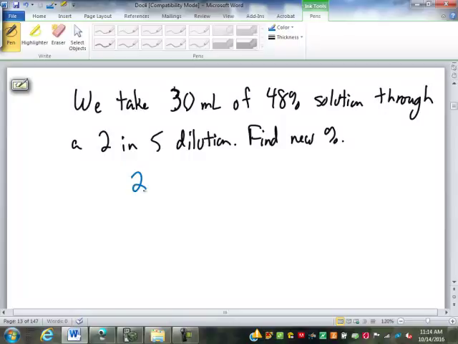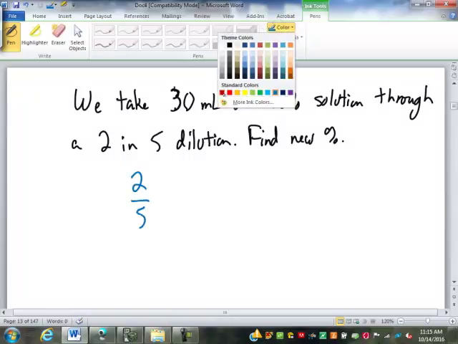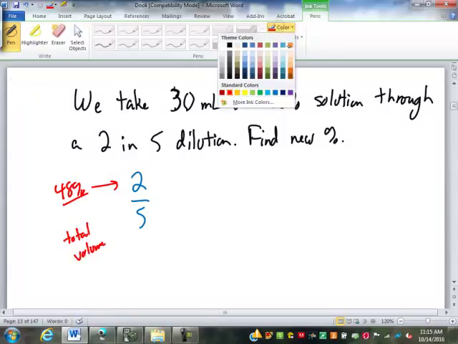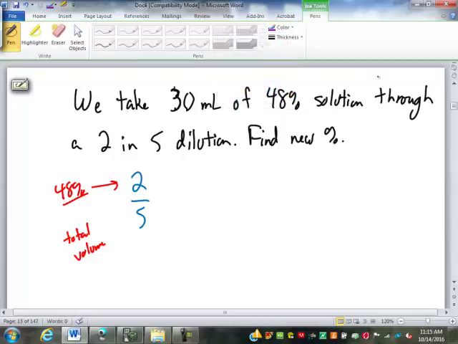So in a 2 and 5 dilution, the 2 represents the concentrated serum. That's going to be our 48%, right? The 5 is the total volume. 2 to 5, I'm going to rewrite that as my ratio of my concentrate, my 48%, to the water.